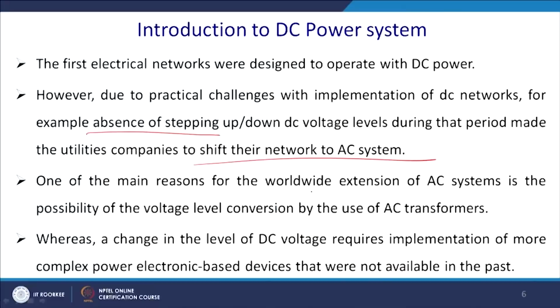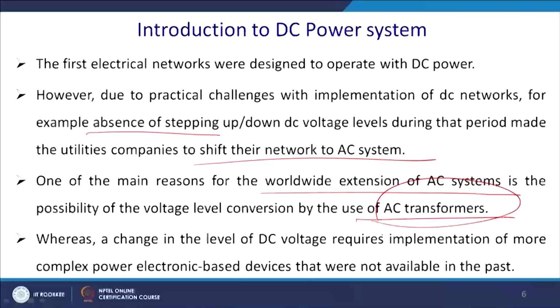One of the main reasons for the worldwide extension of the AC system is the possibility of voltage level conversion by use of the AC transformer, and it has very high efficiency, it is quite rigid, resilient, and has a long life.